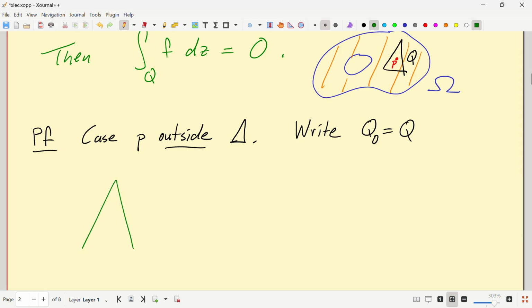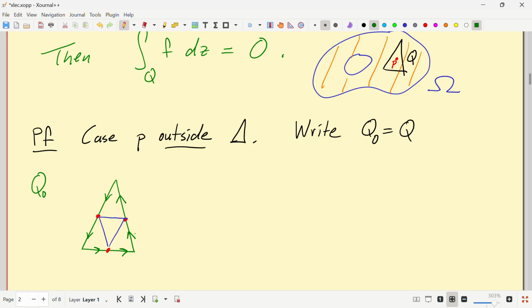So here's Q sub 0. You take the midpoint of all the sides, and then you connect those midpoints and make triangles. Okay, and let's suppose our triangle is parametrized going around counterclockwise. Doesn't matter which way we do it, so it's going around like that.